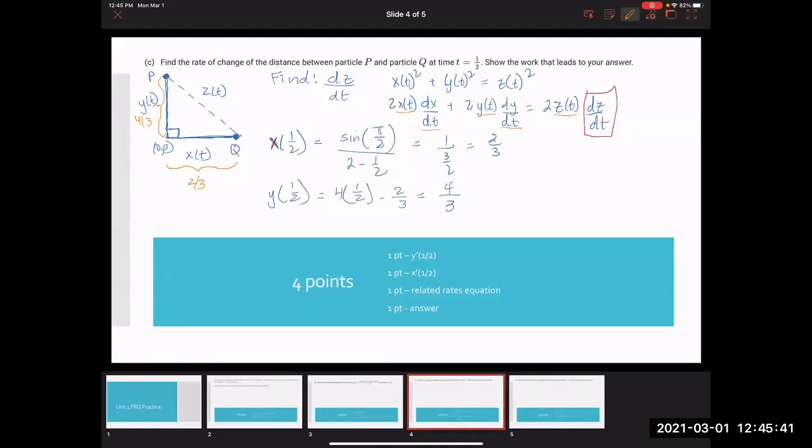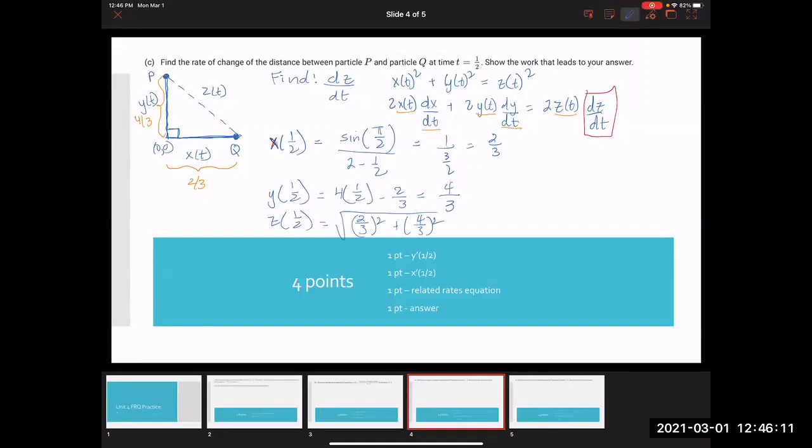So we're going to solve for z of t, or z of 1/2, by taking the square root of 2/3 squared plus 4/3 squared. So that's just the Pythagorean theorem, because a squared plus b squared equals c squared. So if I want to solve for c, which in this case is the same as z, I'm taking the square root of both of those sides that are squared.